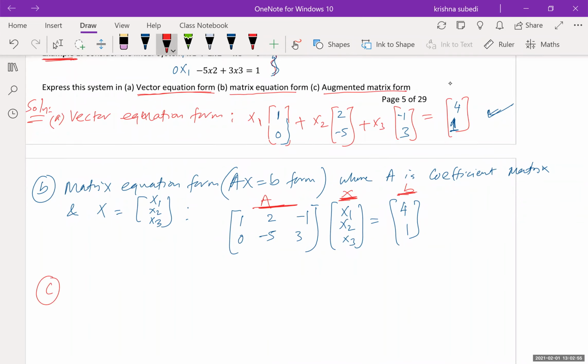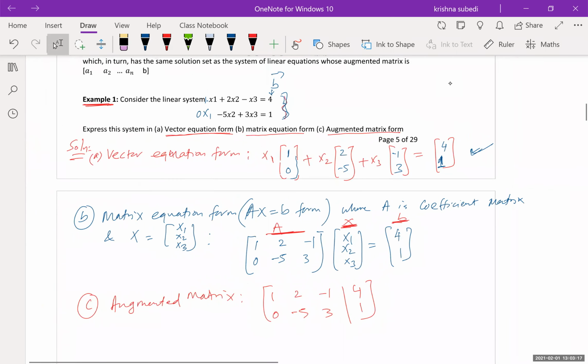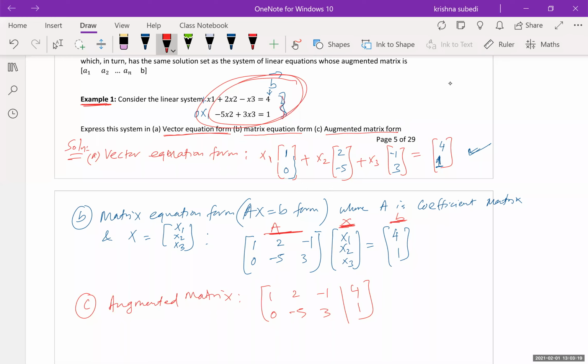And C, augmented matrix. So you already know what an augmented matrix is. The augmented matrix will be 1, 2, -1, 0, -5, 3, and 4 and 1. All right, so they all have the same solution. In other words, if we are given a system of equations like this, you can write it in the form of a vector equation, or a matrix equation, or in augmented matrix form.